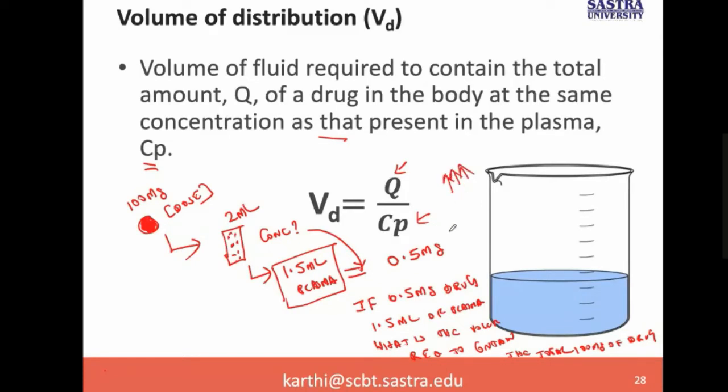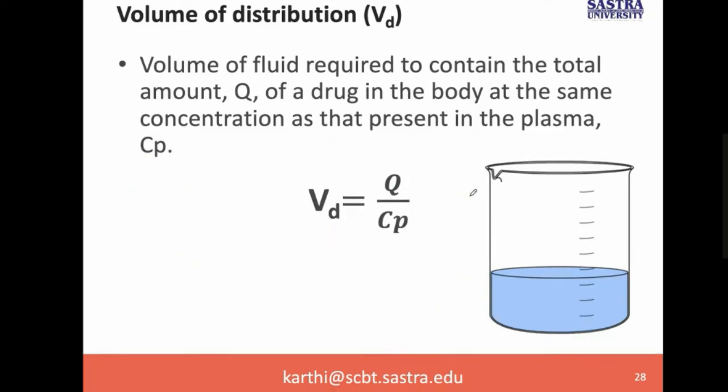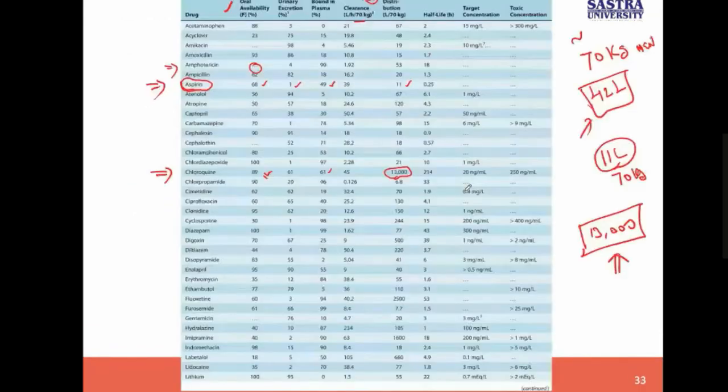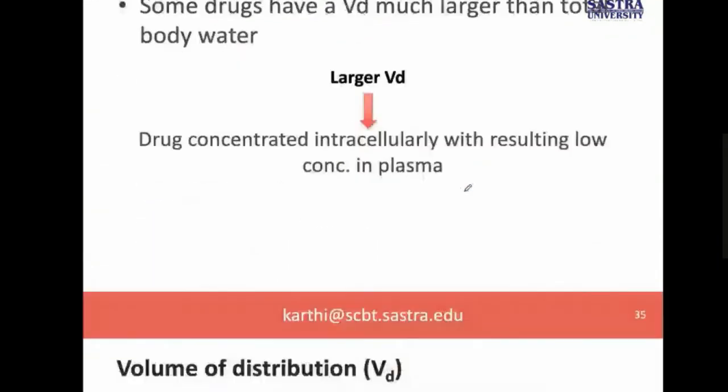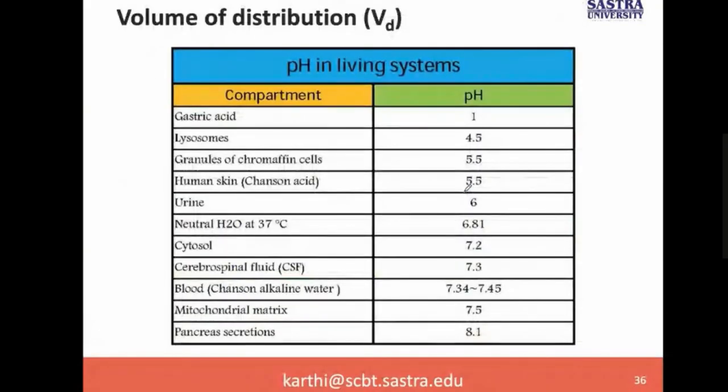So which means that more and more quantity of the drug molecule is now present inside the cell. That is one of the very important questions related to competitive examinations, right? So that's the reason why the Vd value is much larger for certain drug molecules like chloroquine.